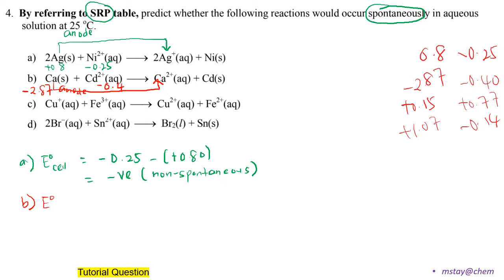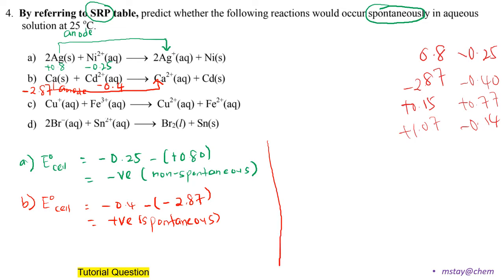So E0 cell equals cathode, negative 0.4, minus negative 2.87. Without pressing the calculator again, we will know that it is a positive value, so this will be a spontaneous reaction. Again, you have to press the calculator and show the exact value, yeah?